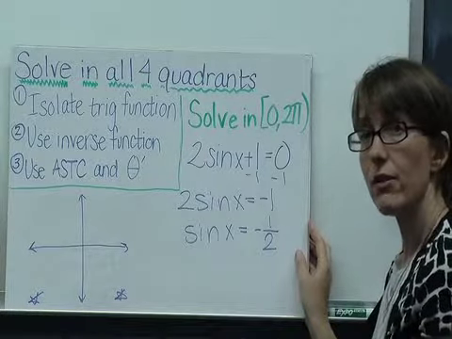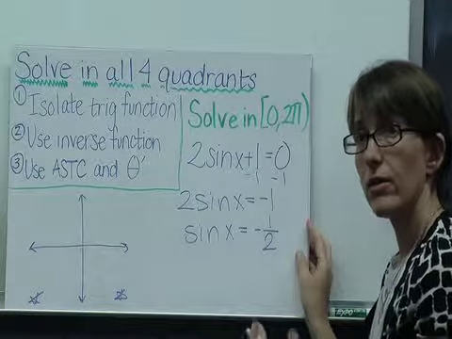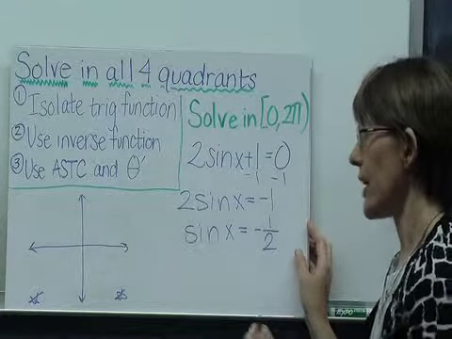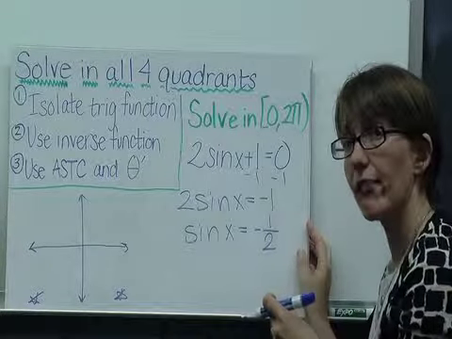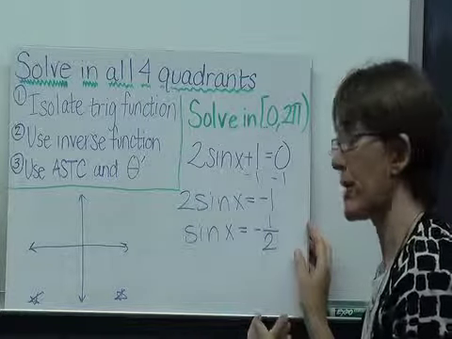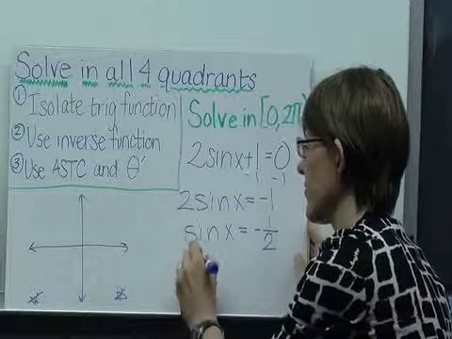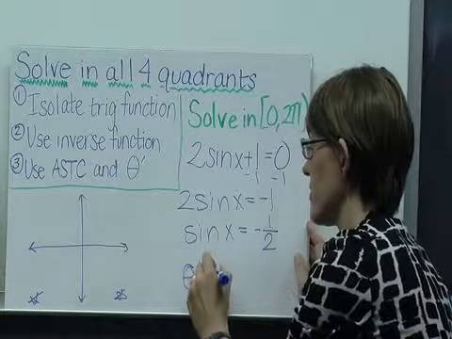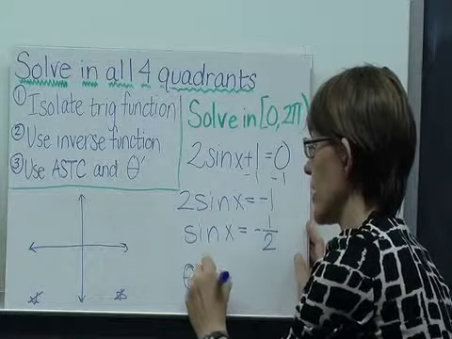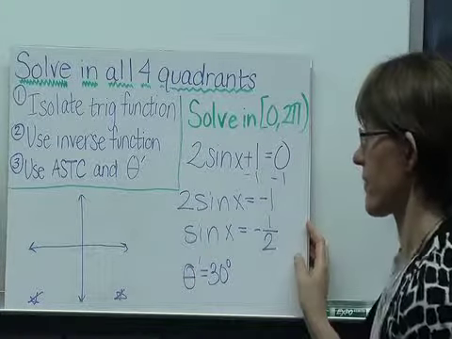If I take the inverse sine of just +1/2, that's going to give me my reference angle, theta prime. So my theta prime value is going to be 30 degrees, or pi over 6.